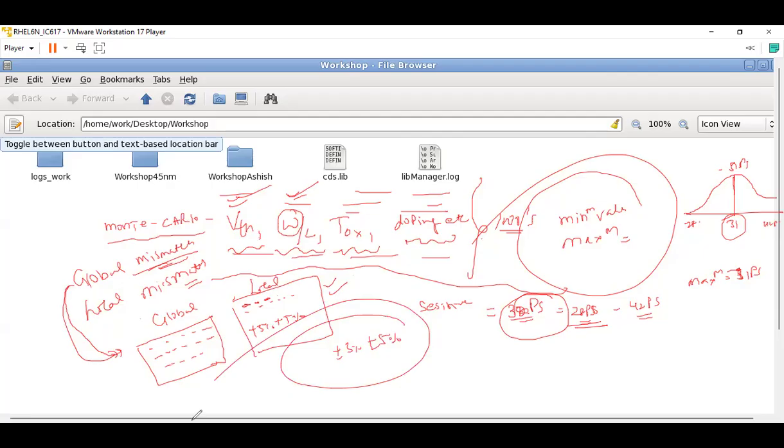I hope I have made my point clear about the difference between process corner and Monte Carlo. In process corner, you have only 5 different corners: typical, slow-slow, fast-fast, slow-fast, or fast-slow. And then there is a temperature analysis, and then there is a voltage analysis.